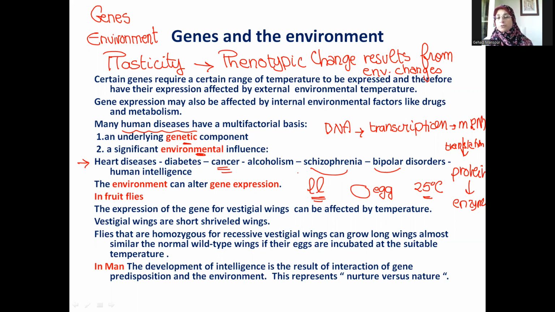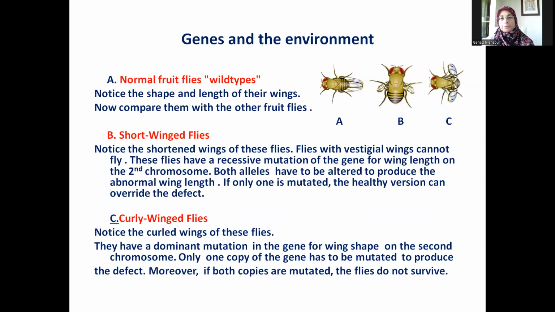Nature is the genes you have, and nurture is the nutrition and the way you are raised and all the environmental factors that affect the expression of the genes. So in order for DNA to give a protein, this is what we call expression of the gene, or gene expression. This is what we always call from gene to protein.